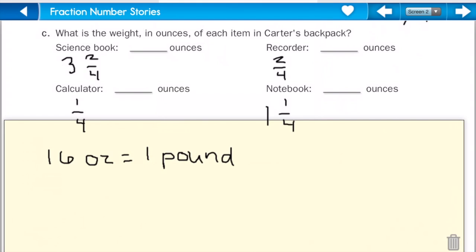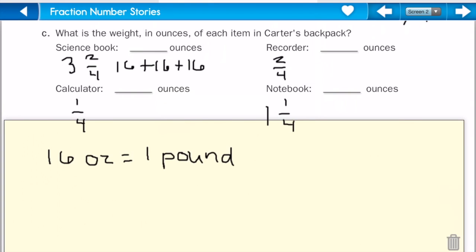And then if I add 16 more to that, I get 48. So with this one, for C, I'm going to add 16 plus 16 plus 16.